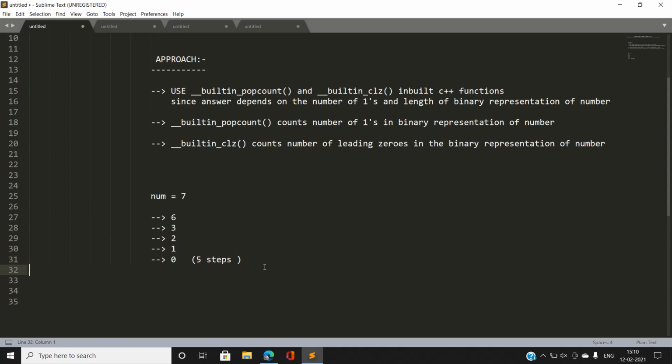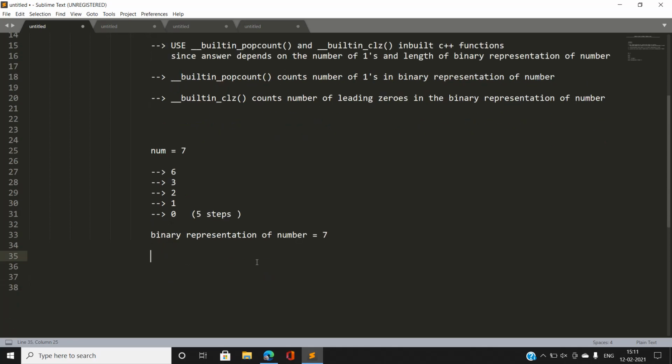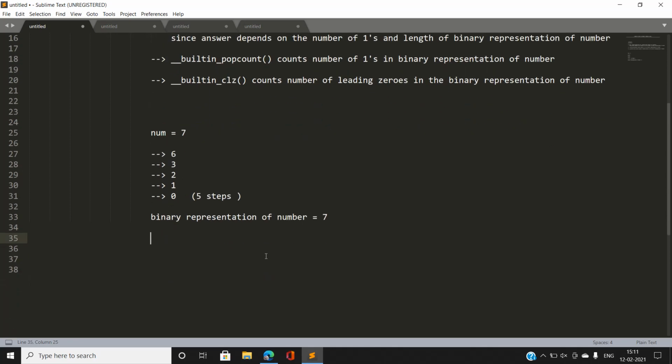One thing you can notice while reducing 7 to exactly 0: let's write the binary representation of the number, here exactly 7. The binary representation of 7 would be 111.